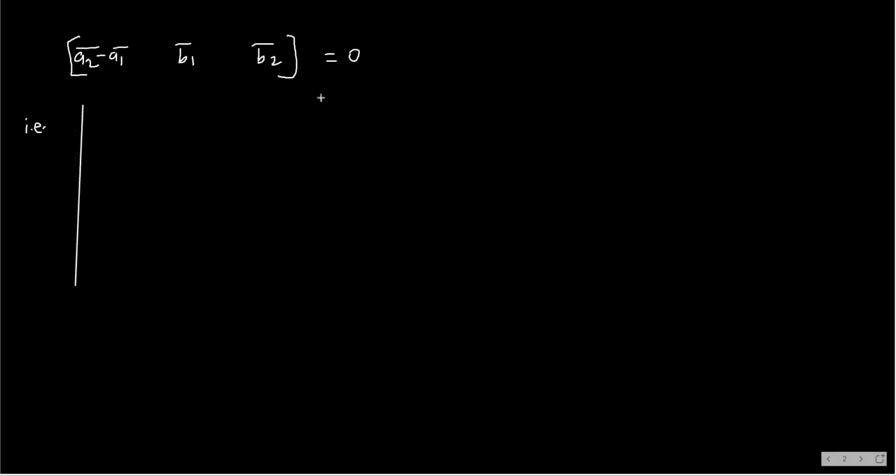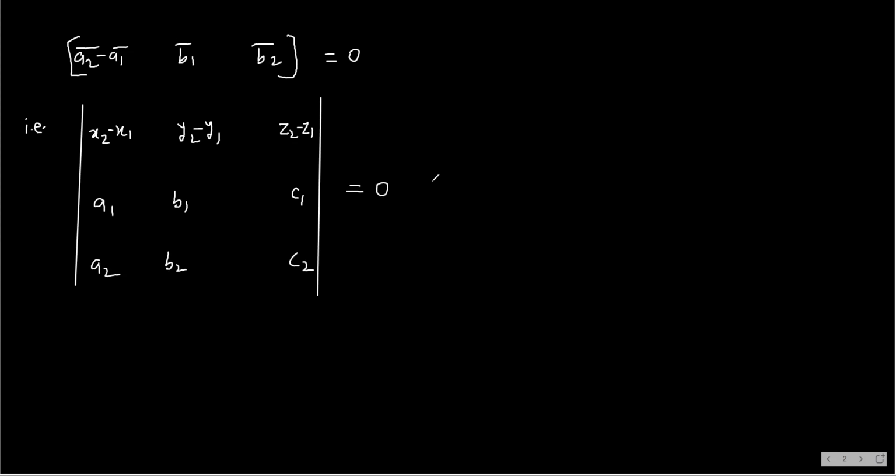So here it will become x2 minus x1, y2 minus y1, z2 minus z1. You know, the box product is always written as a determinant. And for B1 bar we write a1, b1, c1, and B2 bar is a2, b2, c2, equals 0.